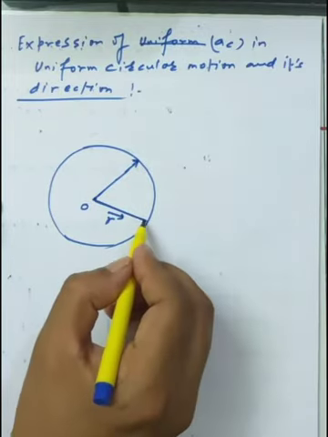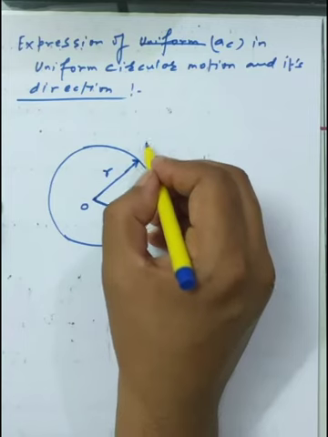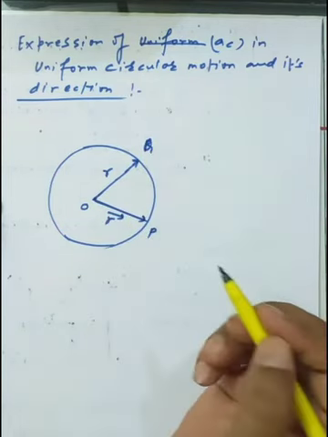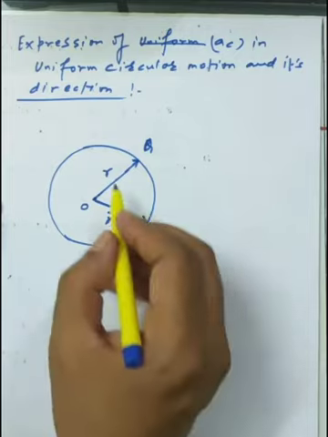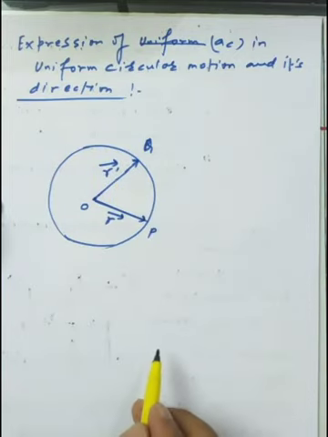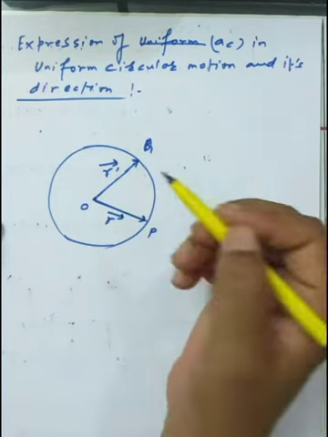Okay, at another position, that is q, and initially the particle was at p. Now at q, the radius vector is called the r dash vector.